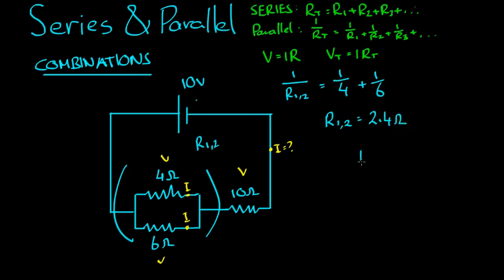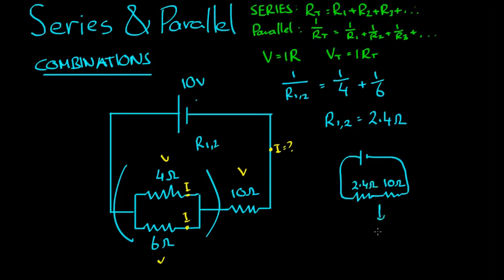So what we can model now is a circuit that looks more familiar. We still have this 10 ohm resistor, that hasn't changed, but we can model, or basically pretend, these two resistors in parallel are acting like a 2.4 ohm resistor there.